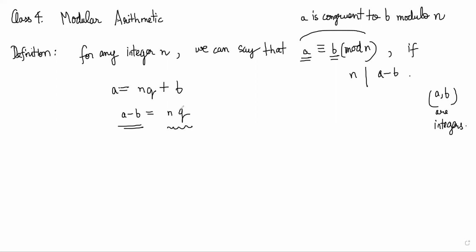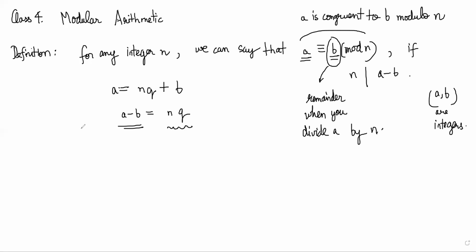Also think of B as the remainder when you divide A by n. So that is the meaning of this congruency. And we'll see how congruency is very powerful and can be used to solve many types of problems.